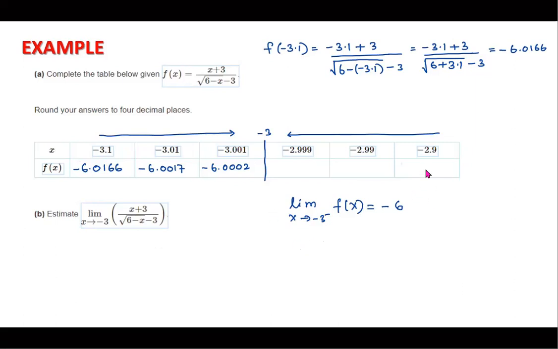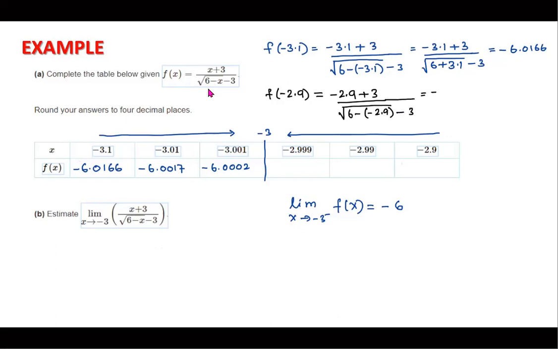Now, let's repeat the process by plugging in the values from the right. For example, if we plug in negative 2.9, it is the same process. You plug in x equals negative 2.9, so f of negative 2.9 is equal to negative 2.9 plus 3 over the square root of 6 minus negative 2.9, and then minus 3.